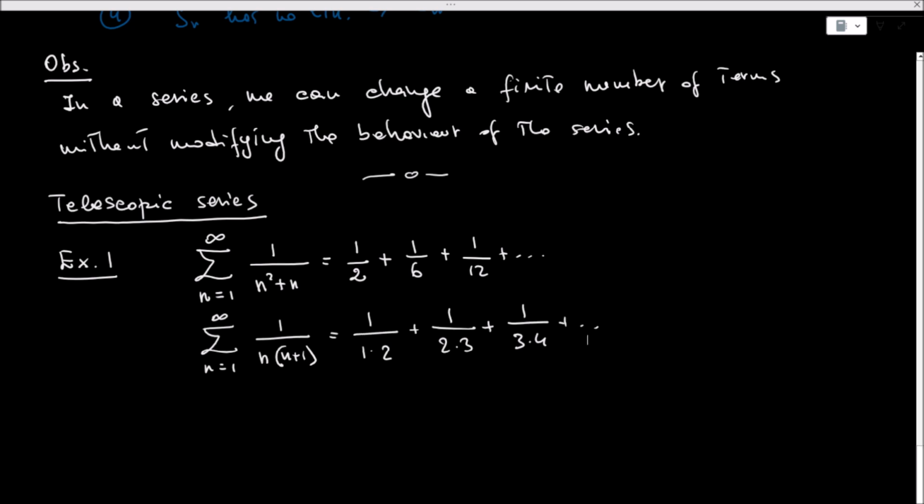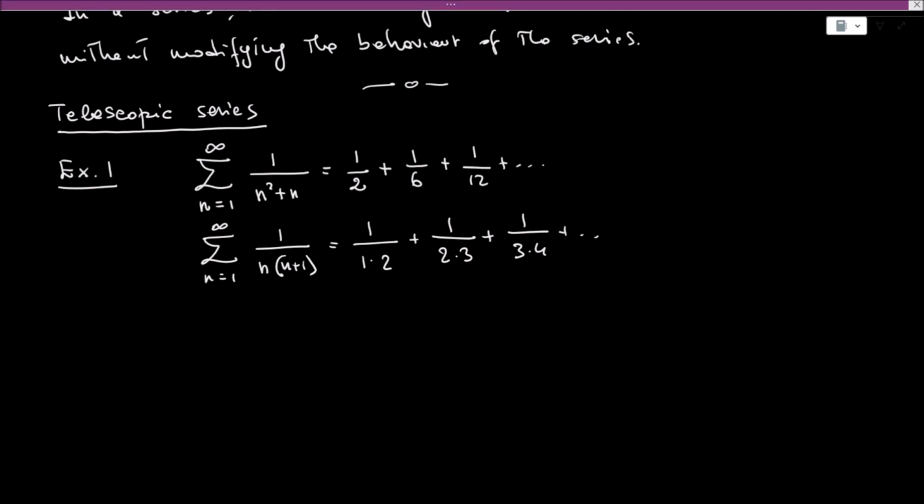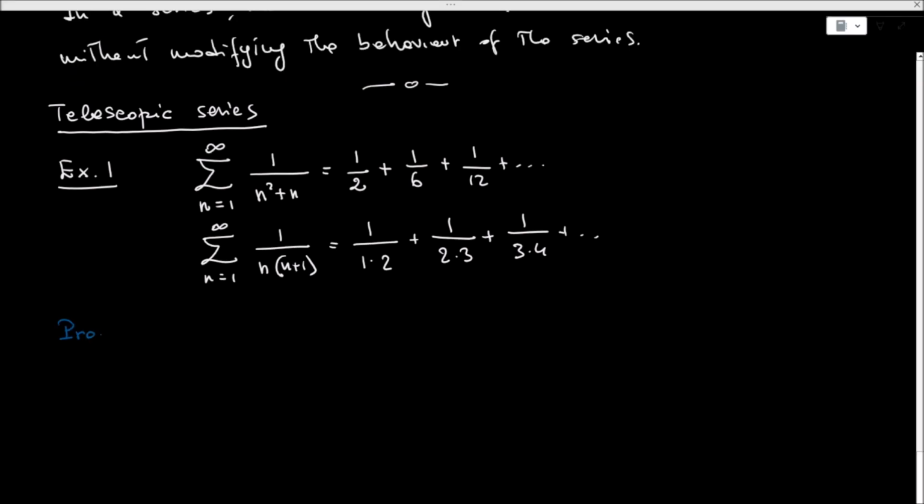Okay? Now, let's make some tests and see what happens with the first partial sums, because remember that the procedure is the following: from an evaluate the partial sums, and then evaluate the limit of the partial sums.